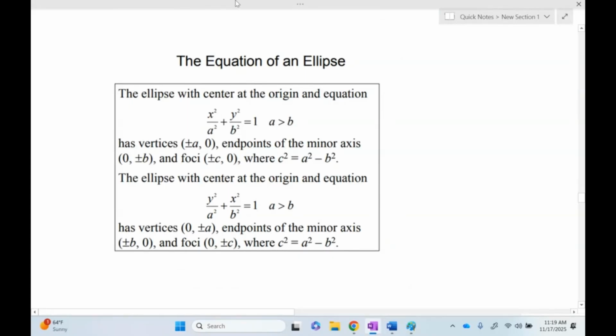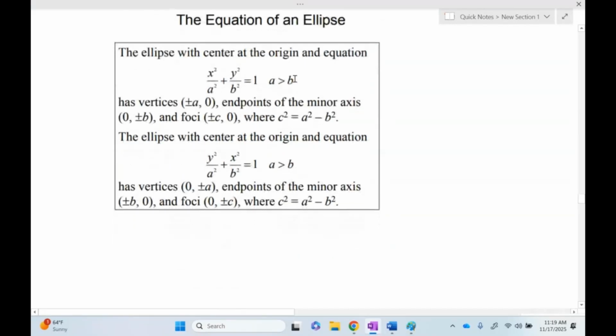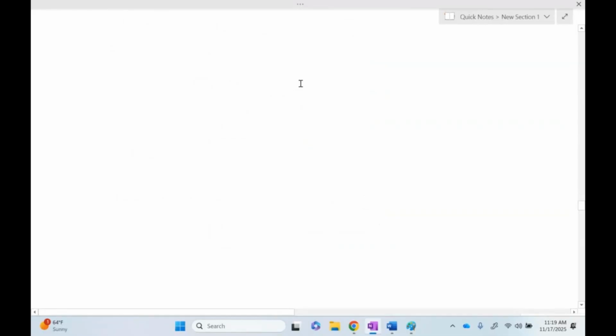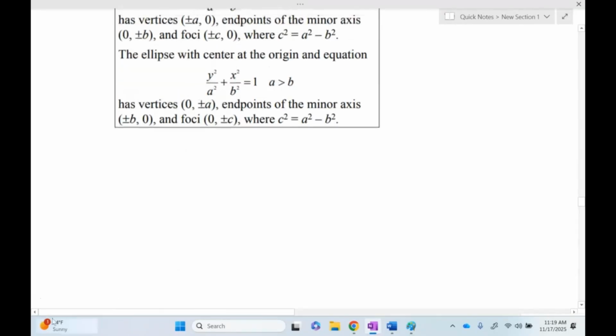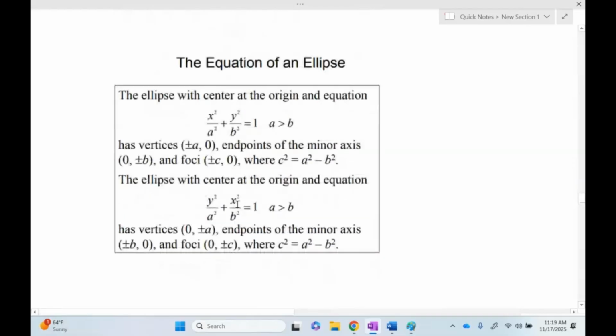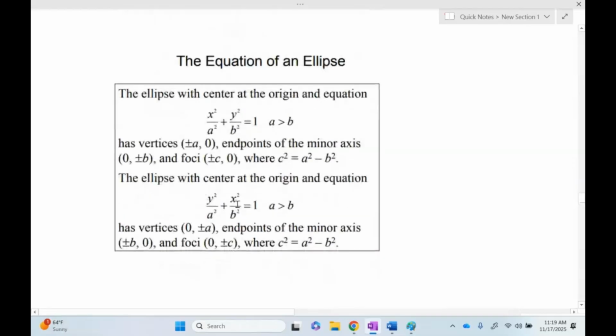Now, I included a blank sheet of paper in the notes. So what we're going to do is sketch out the formulas for the equation at the center. These are the formulas for the equation at the center.